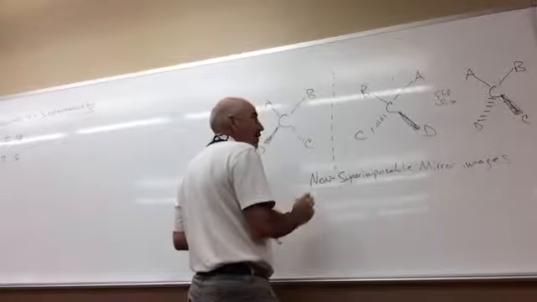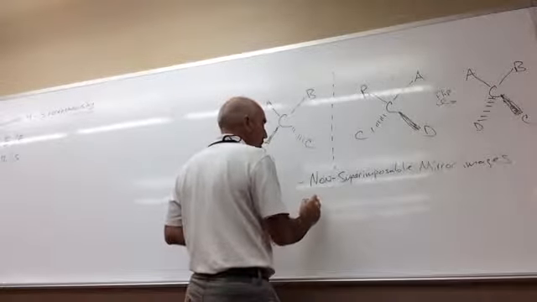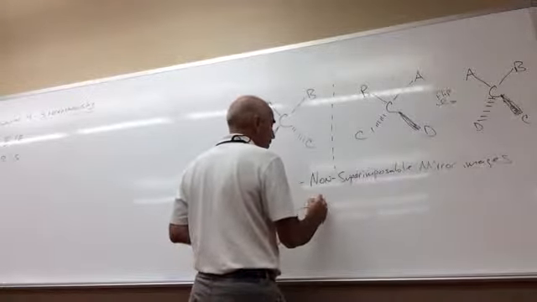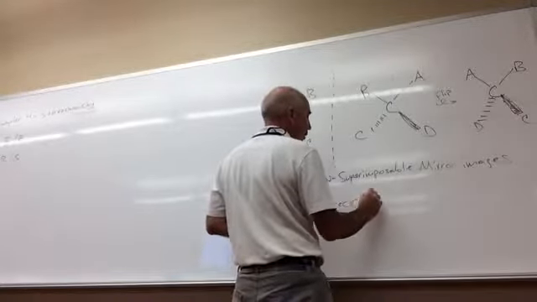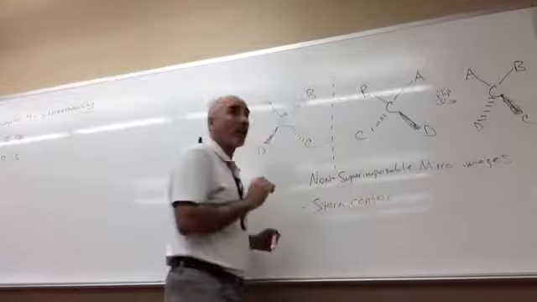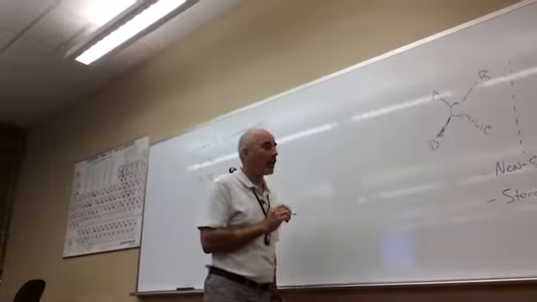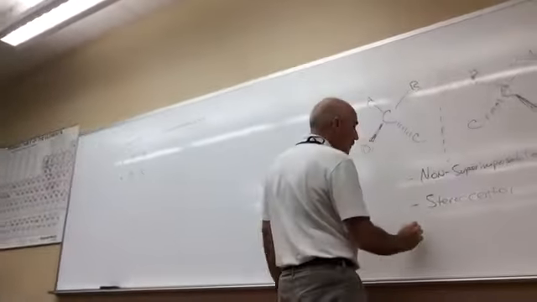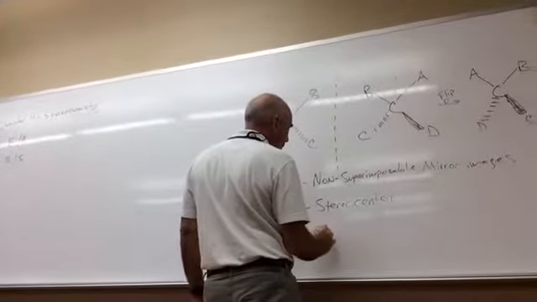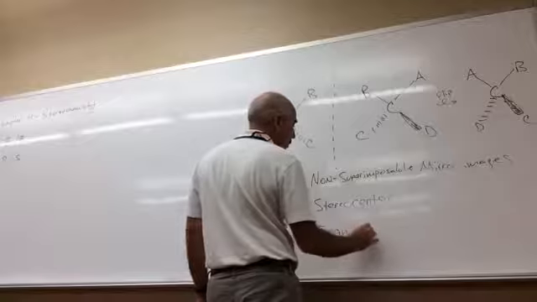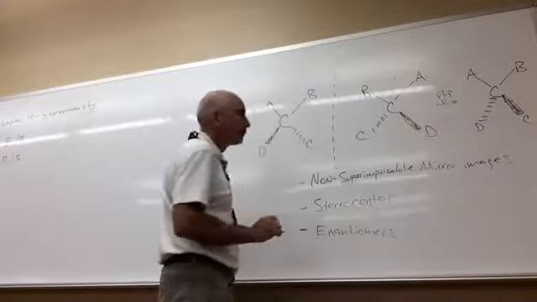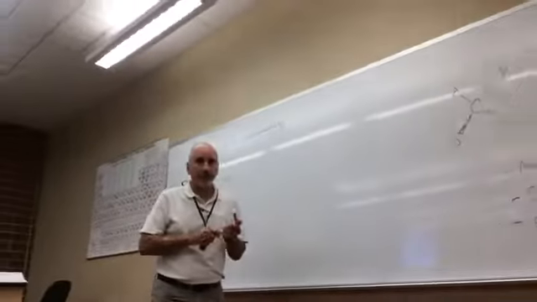We also have a stereocenter for a carbon. And then those two things have a very special name. They're called enantiomers.